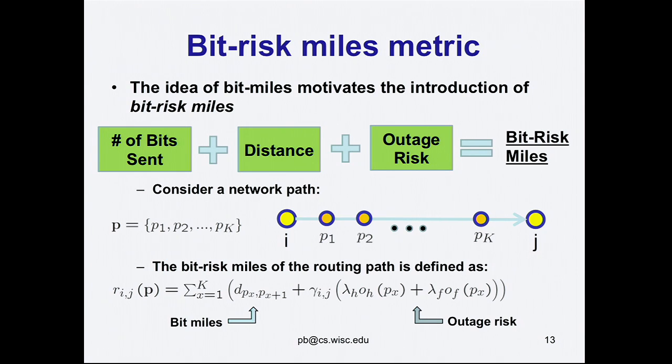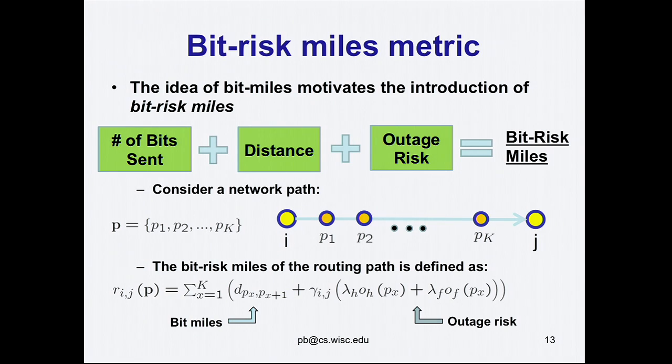So generally the notion of a bit risk mile is to include the bits sent, or a proxy for bits sent, which I'll talk about in a minute, plus the distance between 2 points, plus the risk of outage of either the endpoints or the link between endpoints, and that's what we mean by bit risk miles.